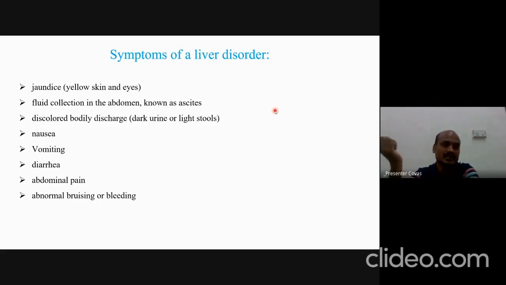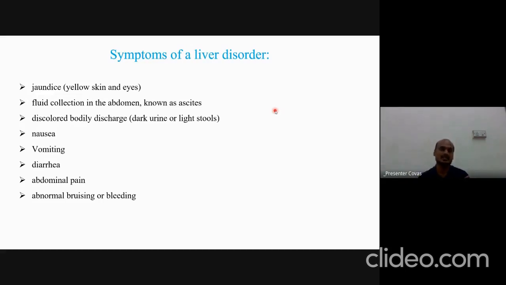Next is fluid collection in the abdomen, known as ascites. This ascites is one of the drawbacks of liver disorder, because the liver is producing a lot of protein in our body, and one function of this protein is to maintain the osmotic pressure. We have a lot of fluid inside our circulatory system, and we want to keep that fluid inside. We don't want it to go outside and accumulate in the tissue, right?